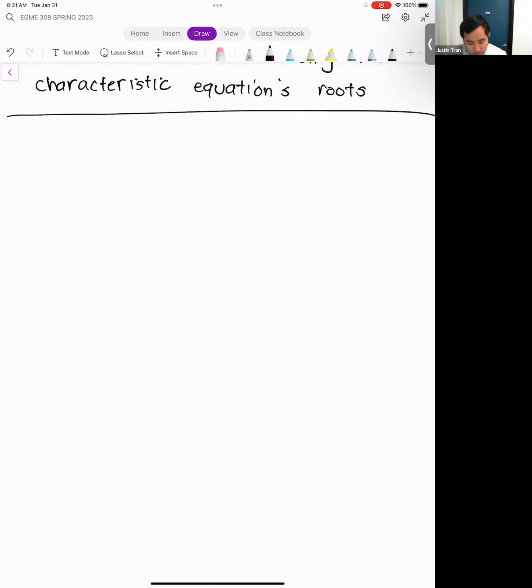And so last time we were talking about first order differential equations, in particular linear first order equations, which we normally solve with integrals.